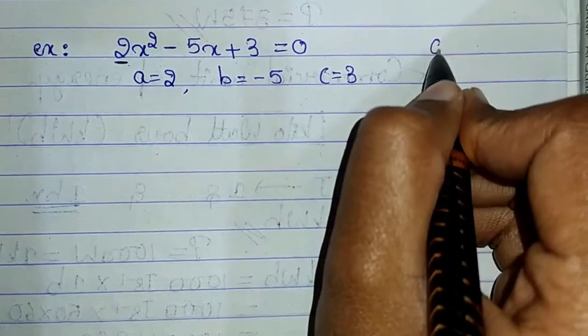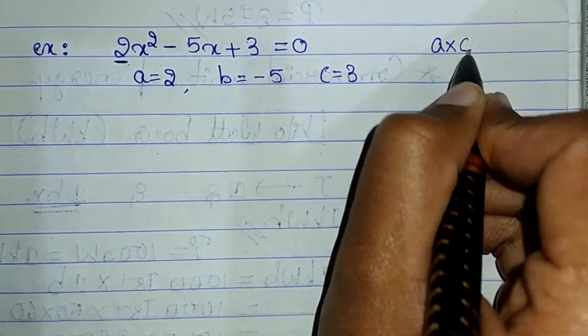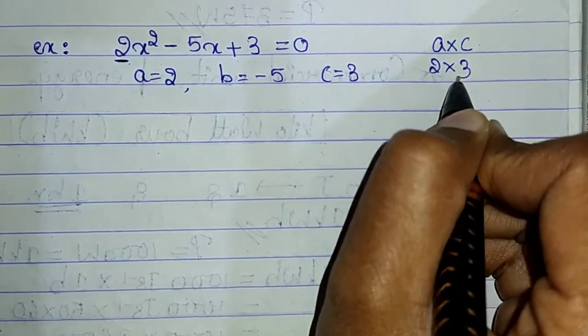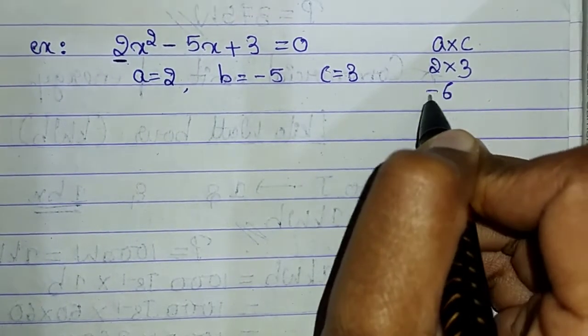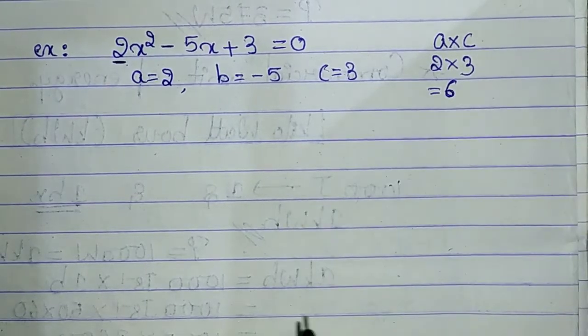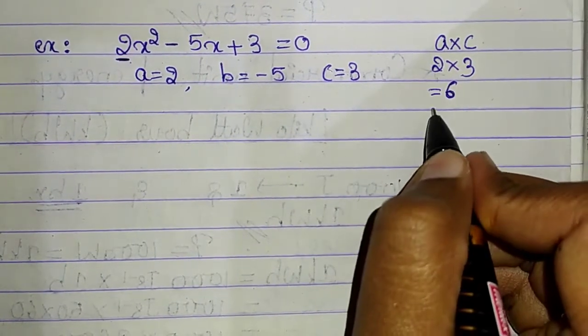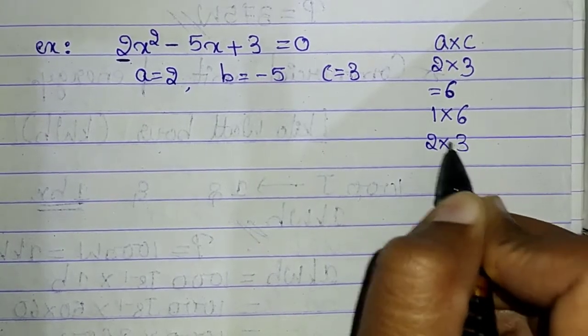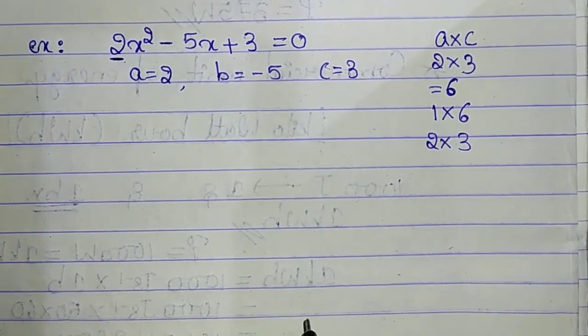Now let us multiply A and C: 2 multiplied by 3 is equal to 6. Now let us list the factors of 6. The factors are 1 into 6 and 2 into 3. These are the only factors of 6.